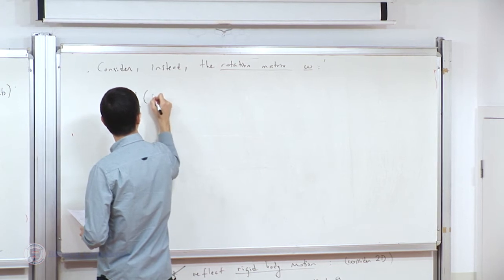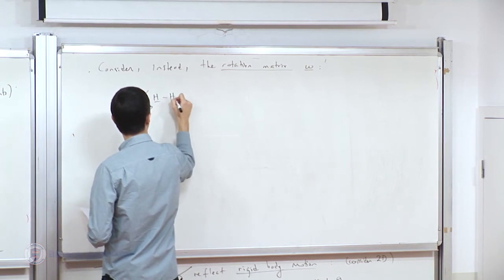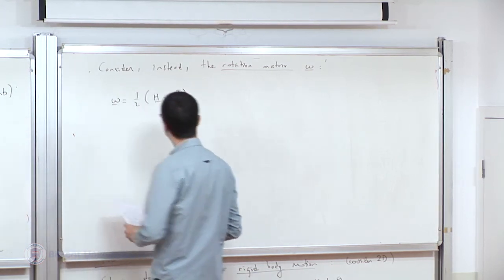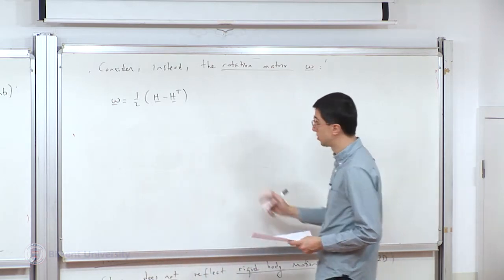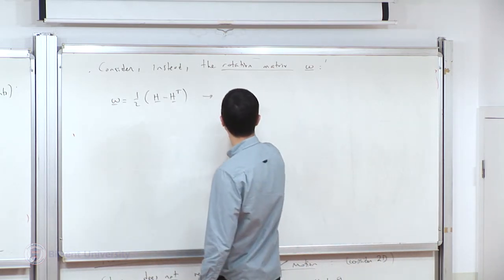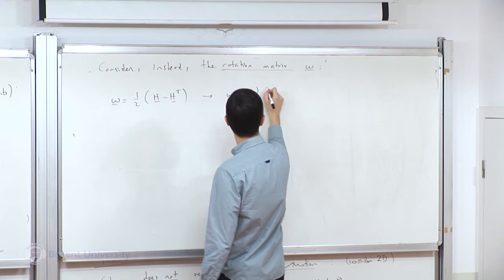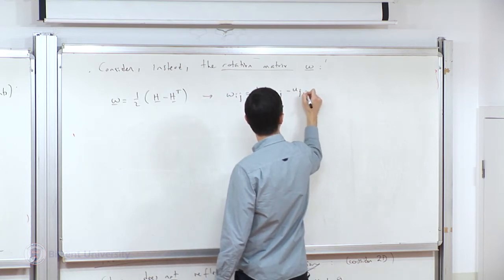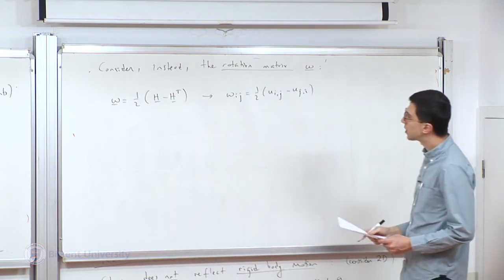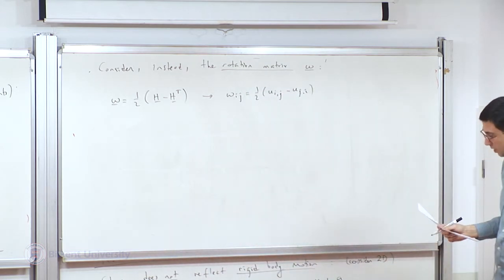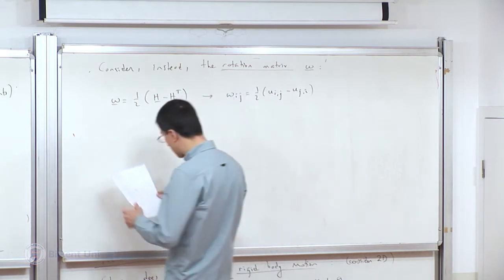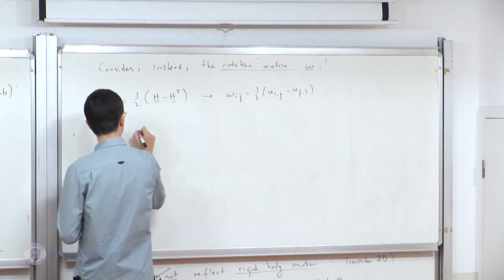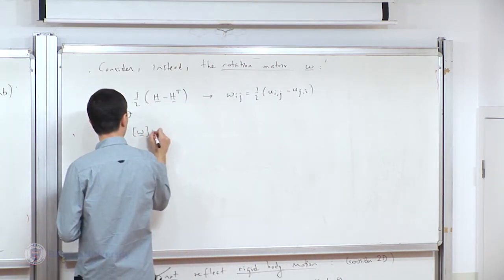The only difference is that instead of a plus sign, I have a minus sign, H minus H transpose. So the components of omega are 1/2 (u_i,j minus u_j,i). That's what omega looks like. And so you can go ahead and write down the components of omega as well.